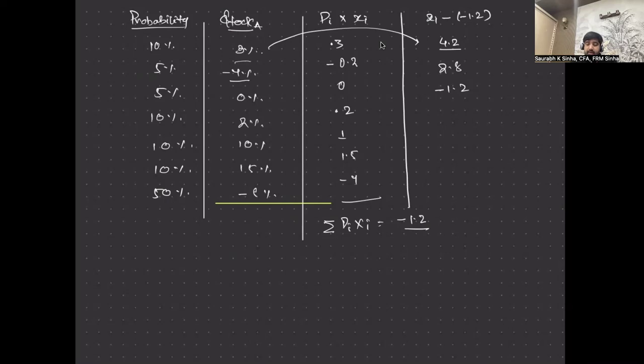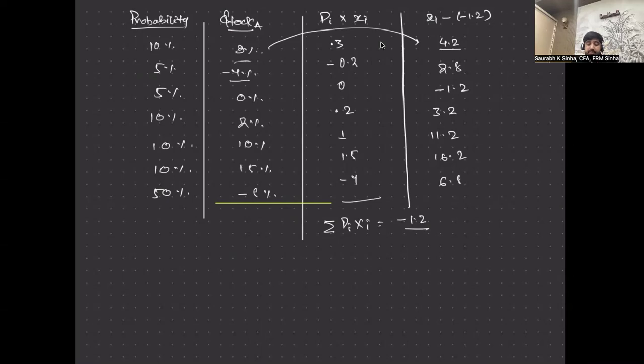Okay. 2 plus 1.2 becomes 3.2. 10 is 11.2. 15 is 16.2. And minus 8 is 6.8. Okay. And then what do you do?